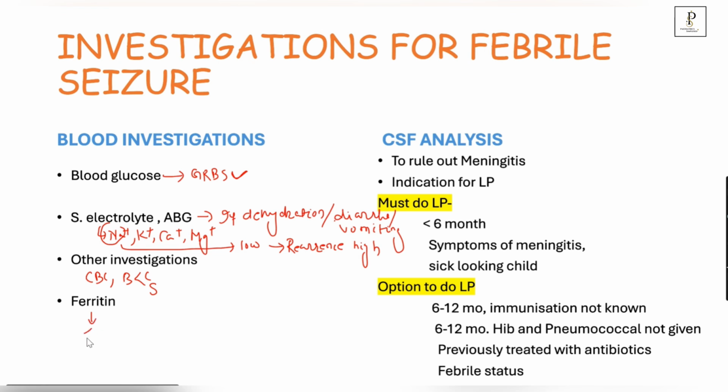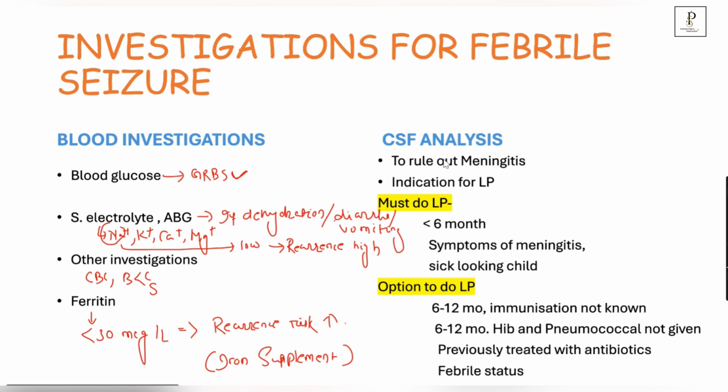And serum ferritin, if it is less than 30 microgram per liter, then recurrence risk is high. So you need to give iron supplement to those patients who are deficient in iron. Then CSF analysis to rule out meningitis.